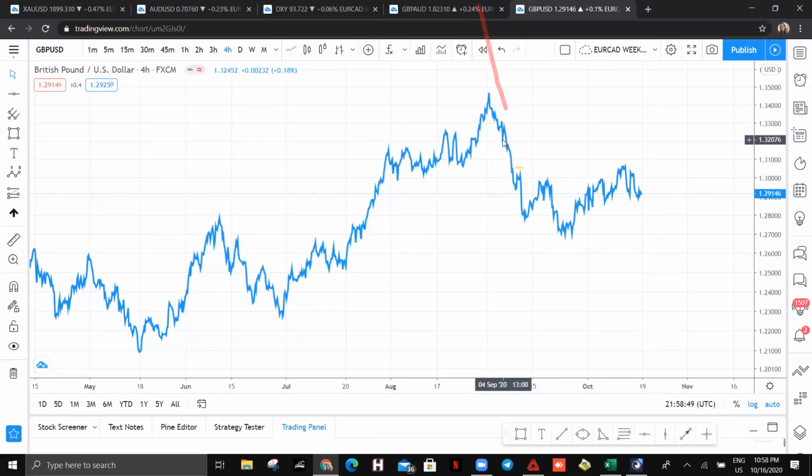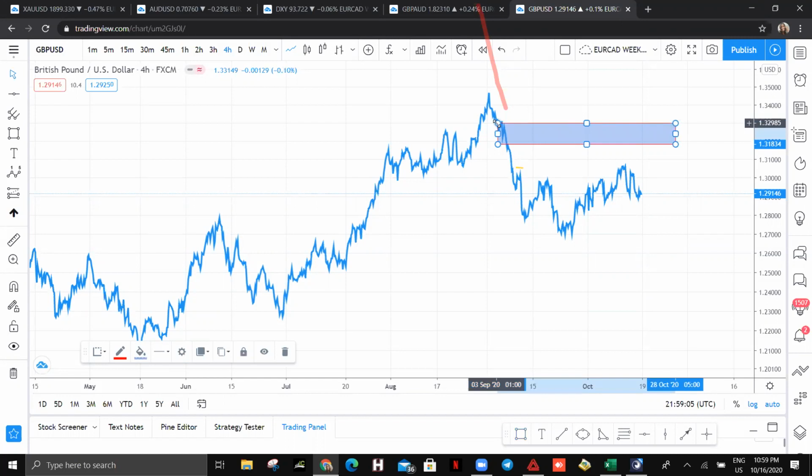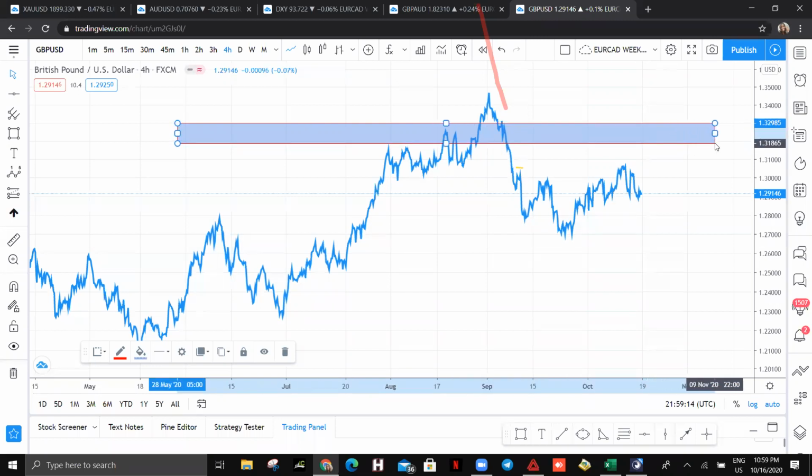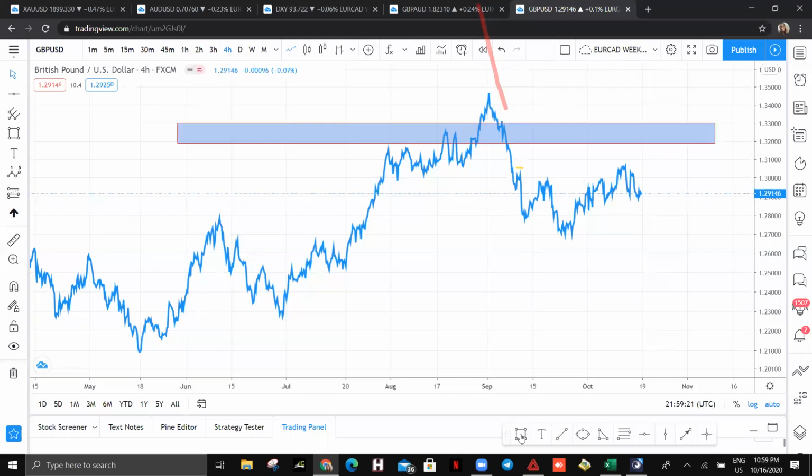So this is the most recent pullback. Or you can as well use this one. This is the most recent one. From here, why is this not highlighting?